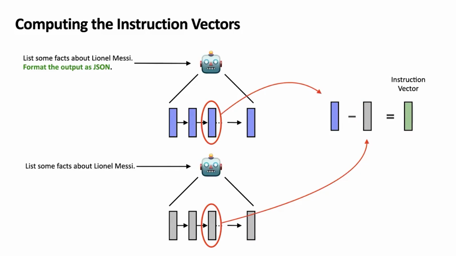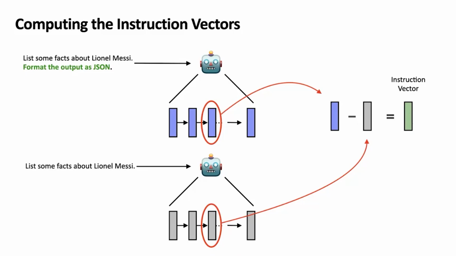And in our setting, this is the presence of the instruction. We perform this procedure multiple times by keeping the instruction the same and varying the base query. Then we average the delta vectors, the differences. The rationale is that we're averaging out information specific to the base query.